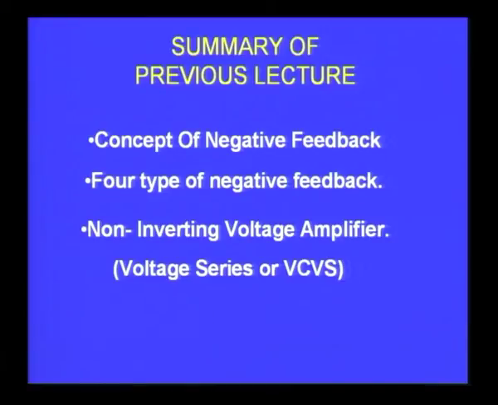The effect of that, as you might recall, is to increase the input impedance and decrease the output impedance, so that it becomes much closer to an ideal voltage amplifier. An ideal voltage amplifier should have infinite resistance at the input and 0 resistance at the output, so that it can drive different types of loads. It is also called voltage series feedback or voltage controlled voltage source circuit. So this is what we discussed in the previous lecture.